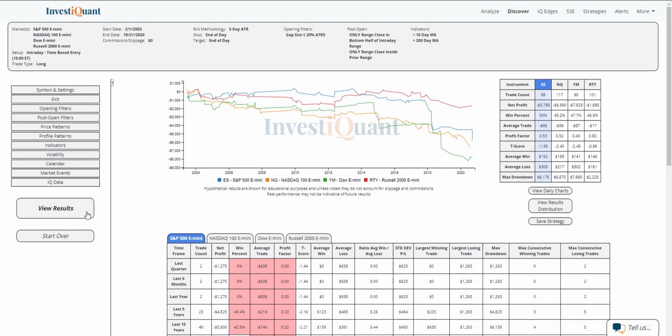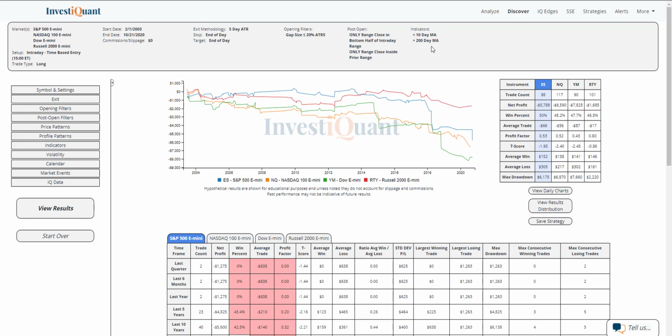And here we go. These are the results of going long at 3 p.m. Eastern Time, exiting at the close, 4:15 p.m. Eastern Time, when you have a flat open, which I'm defining as a gap of less than 20% of the 5-day ATR. Then after the open at 3 p.m., you are trading in the bottom half of the intraday range and still within the prior day range, below a 10-day simple moving average but above a 200-day simple moving average.